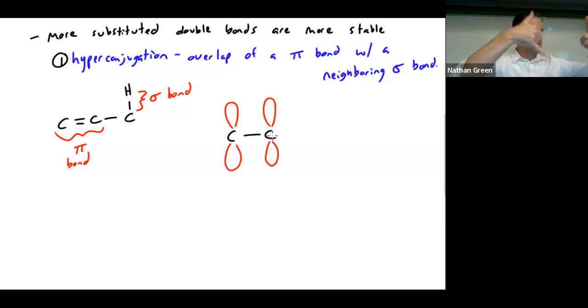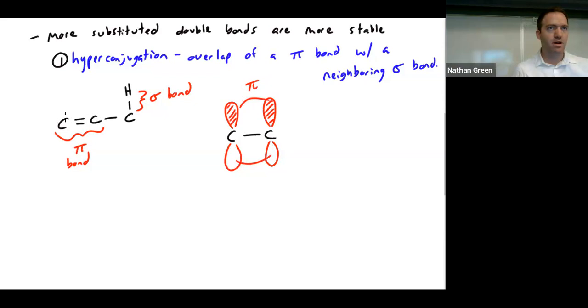The picture on the screen is what that looks like. They would need to be phased together so that a P orbital on one side can run into a P orbital on the other side, and that makes a pi bond. Okay, that is this part, the pi bond. With me so far?